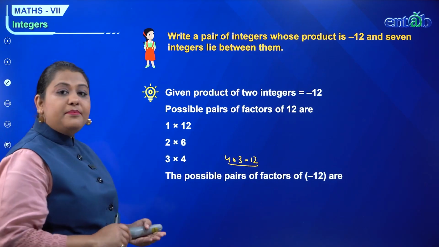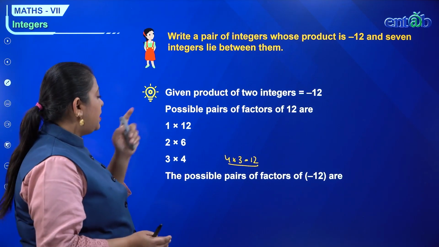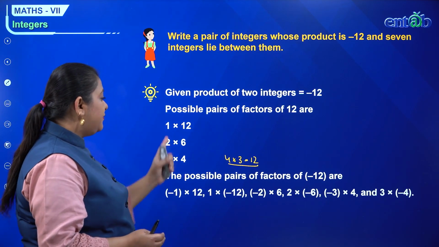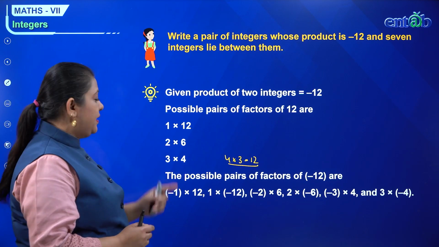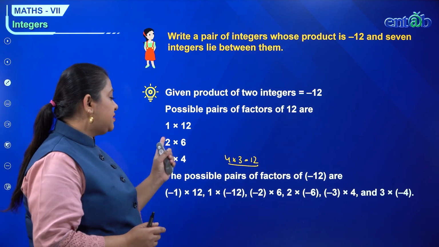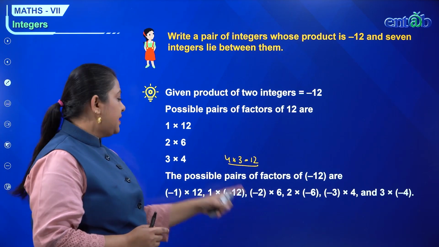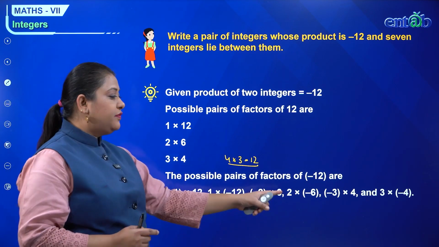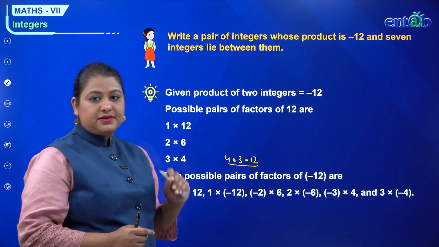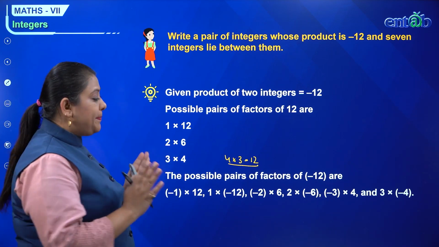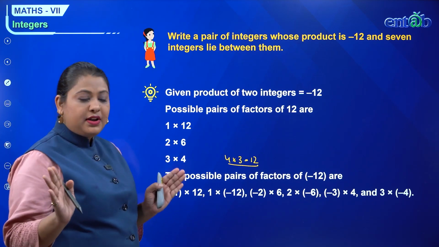So either of them is negative, right? So I can have minus 1 times 12 or 1 times minus 12. I can have minus 2 times 6 or 2 times minus 6. I can have minus 3 times 4 or 3 times minus 4. So these are the possible pairs of factors of minus 12.